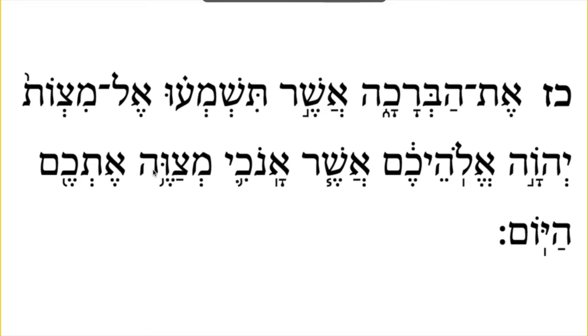And this is a verb, metzaveh, which means command. It's related to mitzvot, right? That I command, metzaveh, and then this is a mercha, so this says mercha, so metzaveh. Okay, the I command.